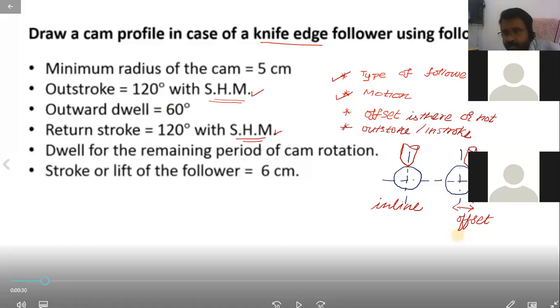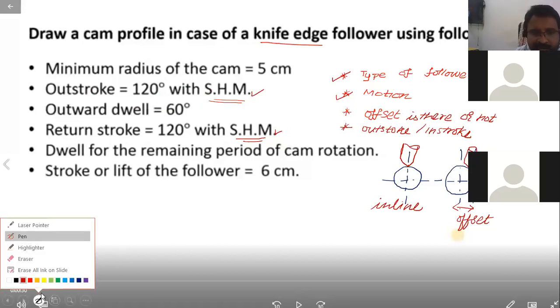For attempting this problem, first we have to draw a diagram called the displacement diagram. Why is the displacement diagram drawn? It is drawn to find out the displacement of the follower at each degree of rotation of the cam.